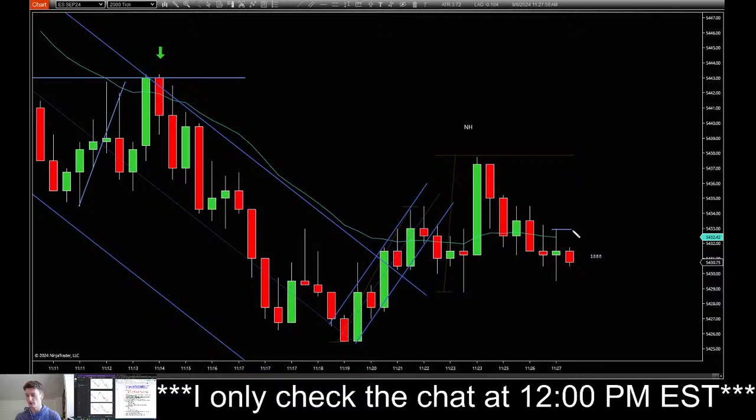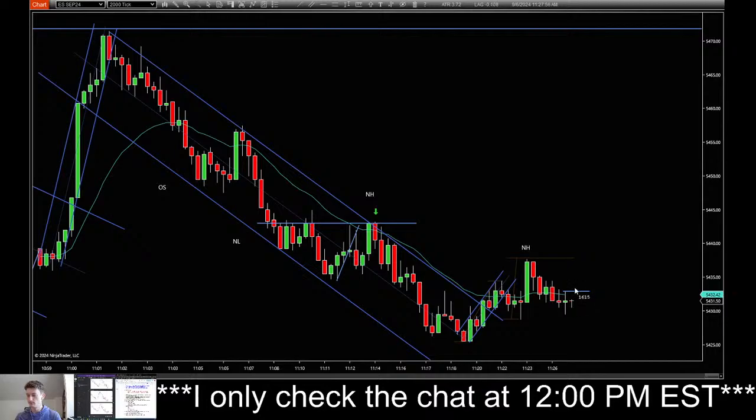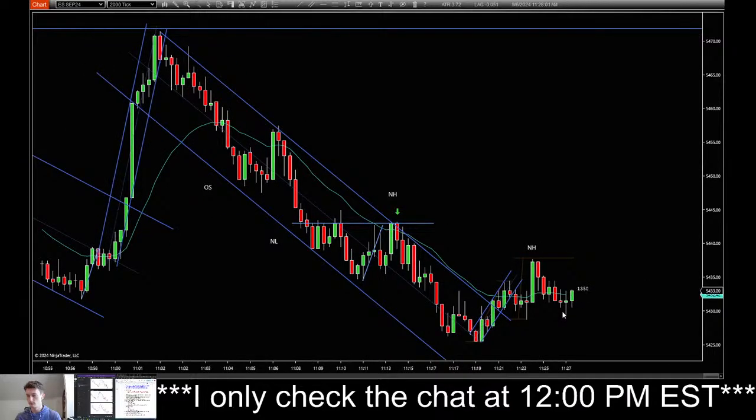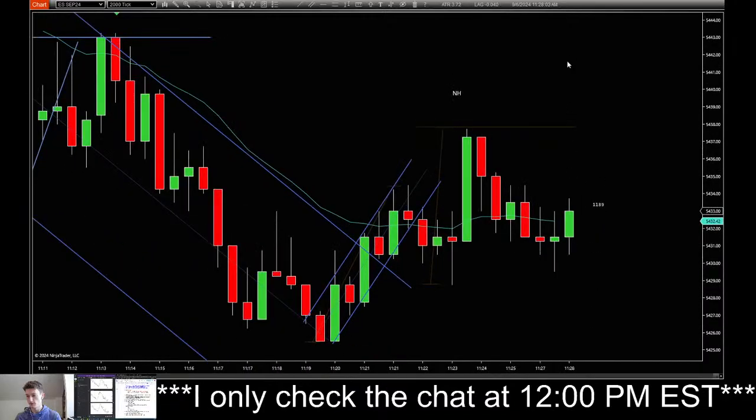So in order to get that lower high, you need to break above this bar right here in order to start considering that. Okay, can start considering a lower high here. There is some resistance here, but you're not as worried about that because this has been a very strong downtrend.